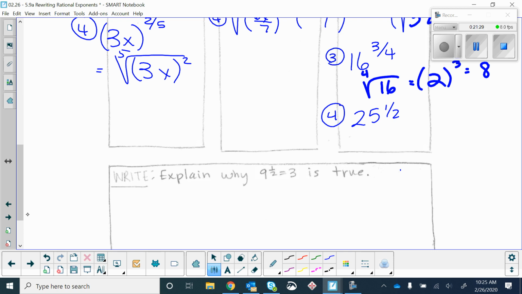Power is 1. What is the square root of 25? What times itself twice is 25? 5. So you do the root first, the power second. What is 5 to the 1? 5.